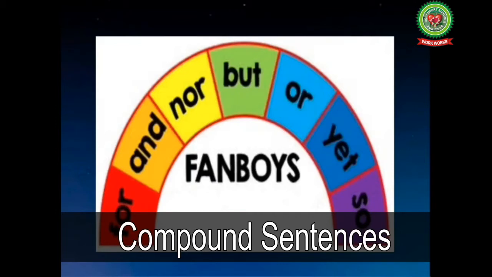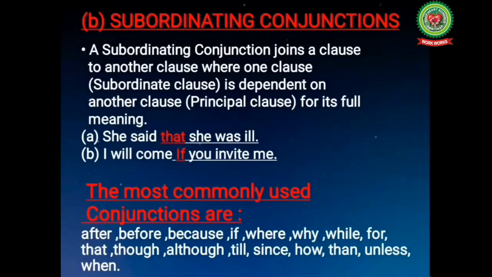Now children, the second kind is subordinating conjunctions. A subordinating conjunction joins a clause to another clause where one clause is dependent on another clause for its full meaning. For example, she said that she was ill.